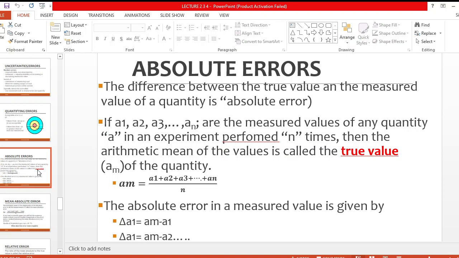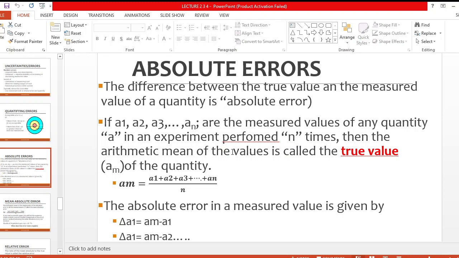The average value or the mean of the 5 measurements which you get is what we are calling the true value. For example, if you take measurements A1, A2, A3, up to AN, suppose that person number 1 has taken measurement A1, person number 2 has taken measurement A2, person number 3 has taken measurement A3, and so on.